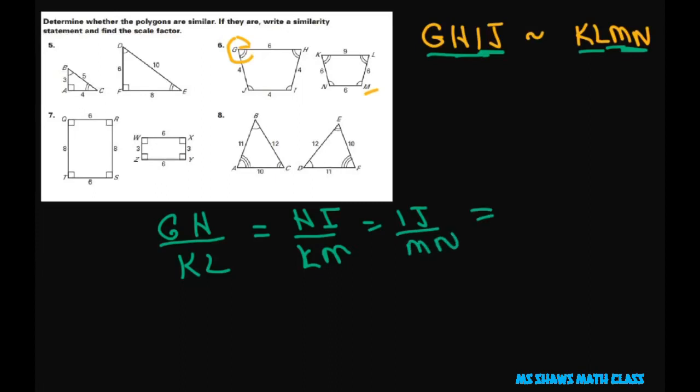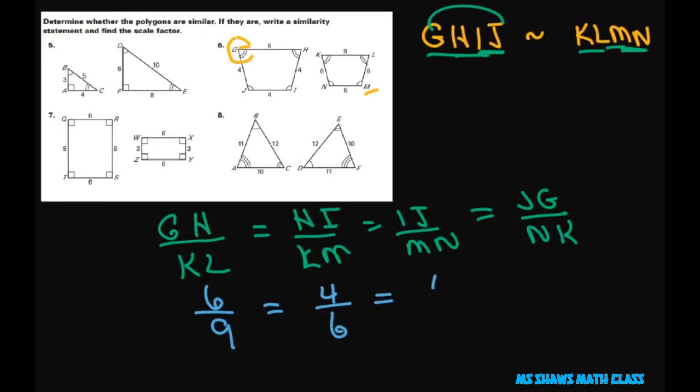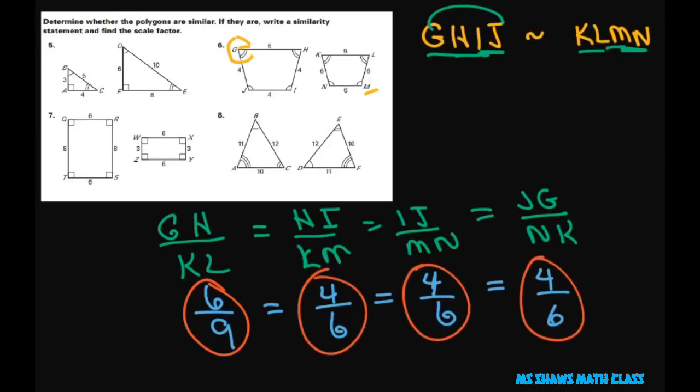And don't forget your last one, JG to NK. Now let's fill all that in. GH is 6 to 9, HI is 4 to 6, then 6, 4 to 6 again, and then 4 to 6 again. Now all of these reduce to 2/3. So 2/3 is your scale factor.